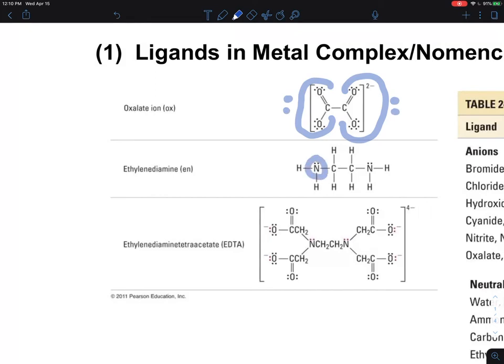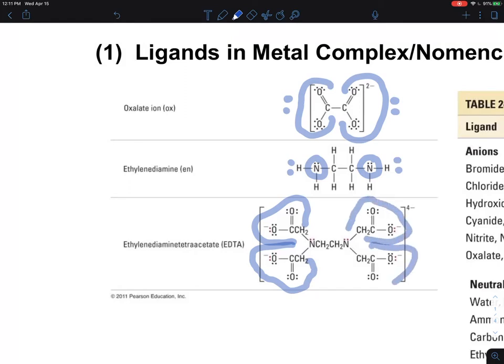Ethylene diamine is one with amines. There are two of them, and they can also form the coordination. This is what is called EDTA. It's a long name, so everyone just calls it EDTA. Because of its unique nature, it has four arms, and they can donate four lone pairs to form the coordination complex.